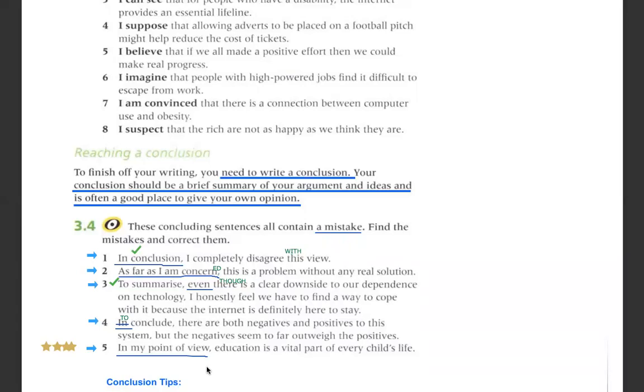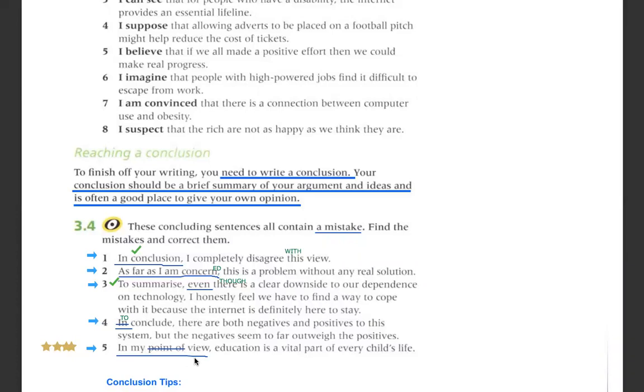Right, one person's got it. We use in my view. We never say in my point of view. So if this is a mistake that you make, please correct it now.